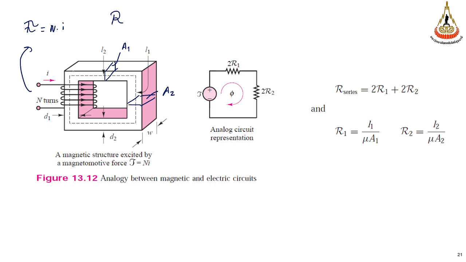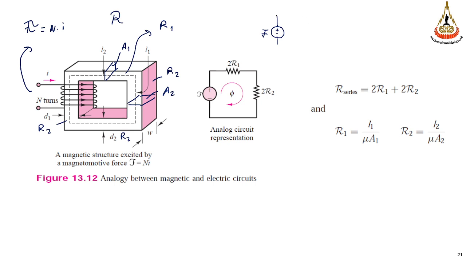For the upper part of the core, the reluctance is R1, and the same for the lower part, it also has R1. On the right-hand side is R2, and this is also R2. The circuit will be the magnetomotive force with R1 and R1, R2 and R2.